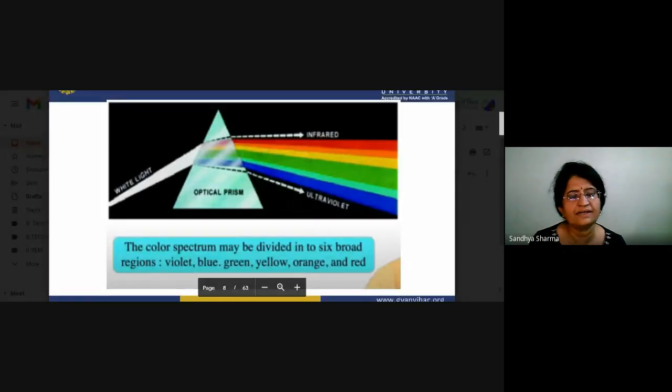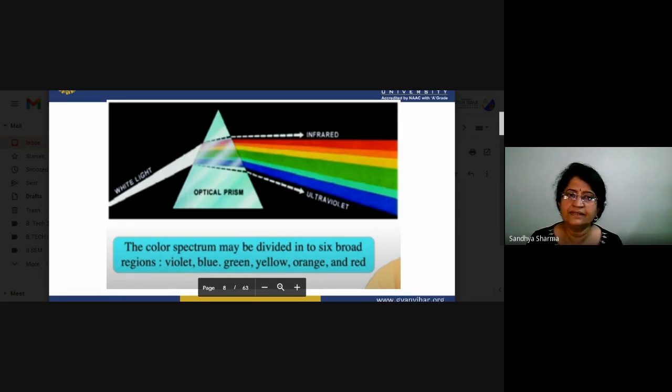We have also studied this in our previous classes: what happens when white light crosses through an optical prism. The color spectrum may be divided into six broad regions. What are they? Violet, blue, green, yellow, orange, and red.